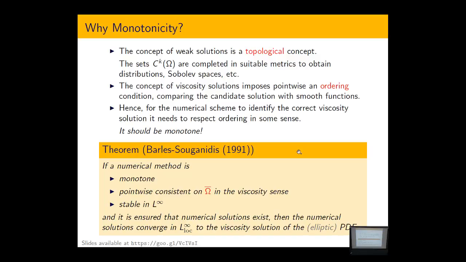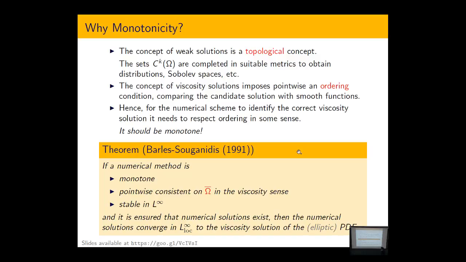And because of that, this is a theorem we actually saw already in the previous talk. You have got this theorem of Barles and Souganidis, which somewhat takes this on board, and it says, well, if you've got a monotone scheme and it's pointwise consistent and stable in L infinity, then your numerical scheme is converging to the unique solution of the problem.